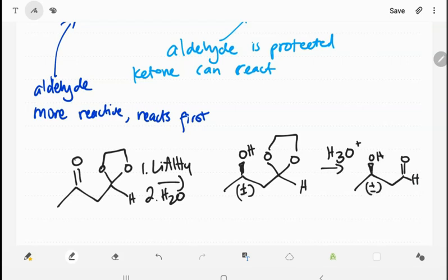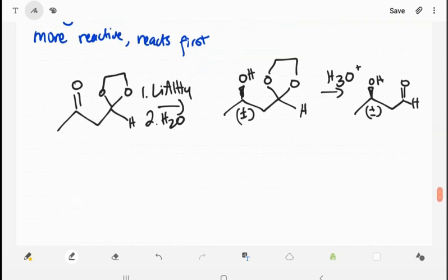So, useful little thing here. If we were to just put the lithium aluminum hydride in with both the aldehyde and the ketone, we're going to react our aldehyde. And so, that's the problem with it.